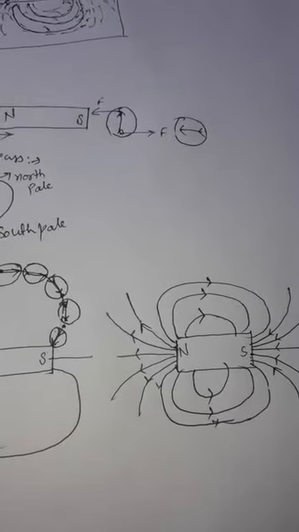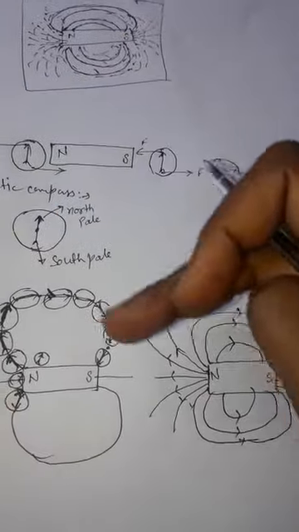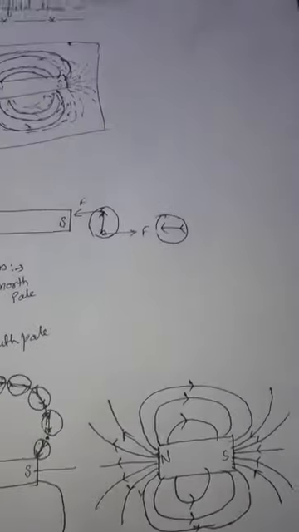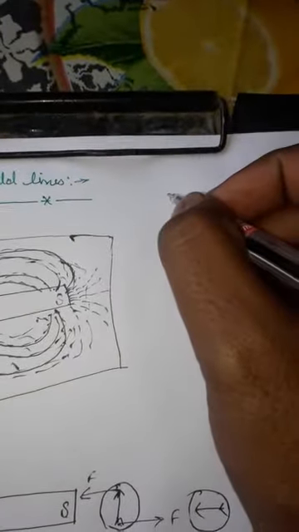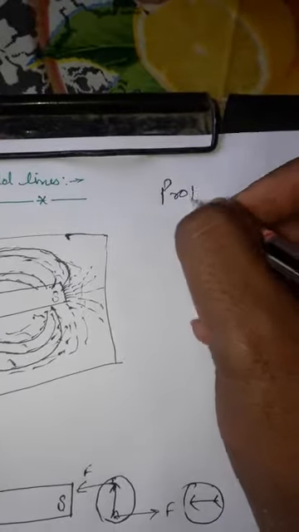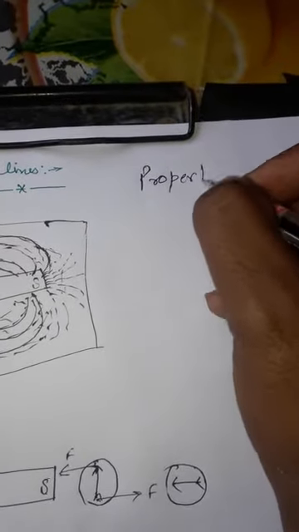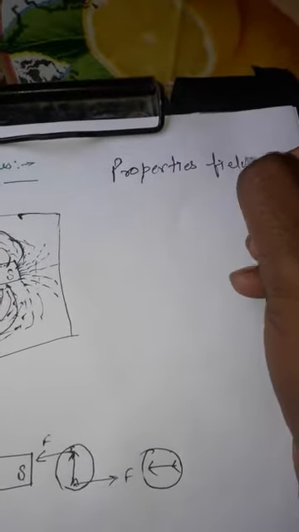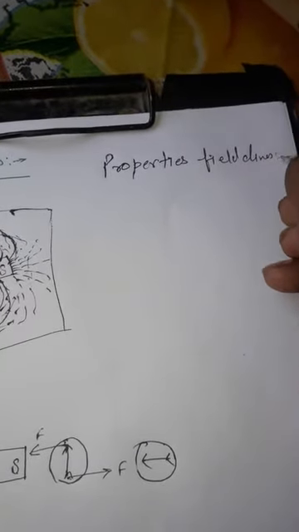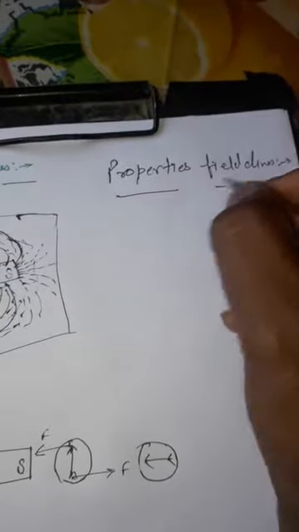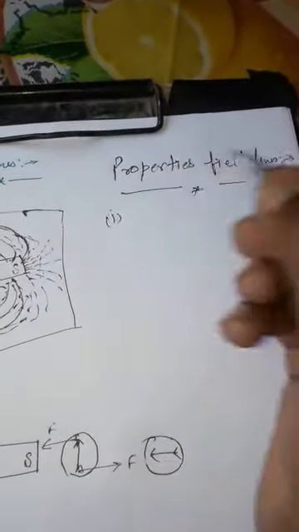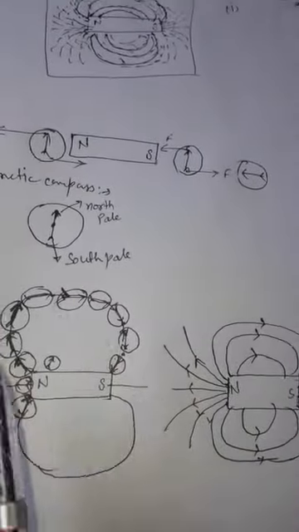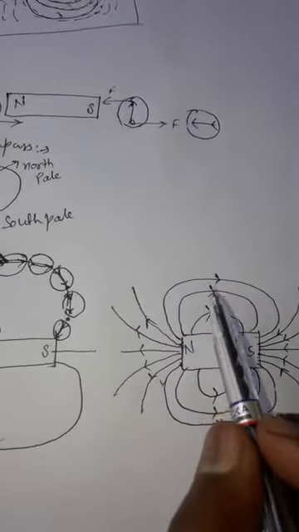Now from all this discussion, we have some conclusions, and these conclusions are known as properties of magnetic field and field lines. The first conclusion is that the magnetic field is around the magnet and it has particular directions.